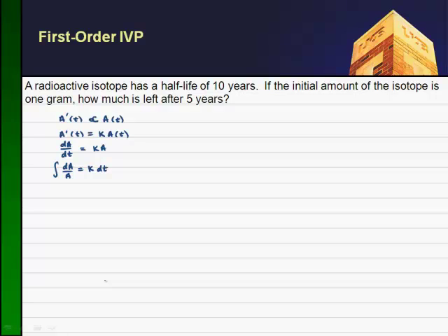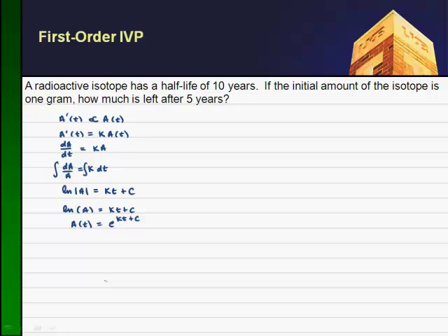And again, if I integrate both sides, I get the natural log of the magnitude of A is equal to kt plus some arbitrary constant C. Since we're dealing with an amount, the amount can never be negative, so I'll write this as the natural log of A is equal to kt plus C. Upon exponentiating on both sides, I'll get my function A of t is equal to e to the kt plus the constant c.